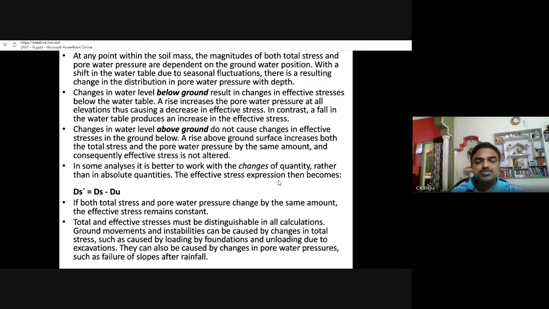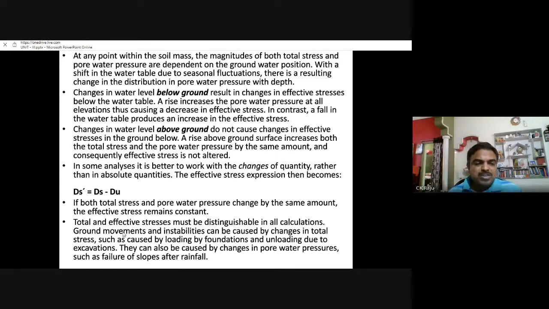So the effective stress expression then becomes sigma dash equals total stress minus u. If both total stress and pore water pressure change by the same amount, the effective stress remains constant. So total and effective stress must be distinguishable in all calculations.